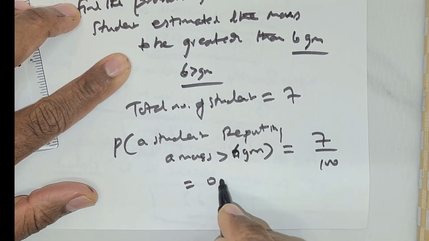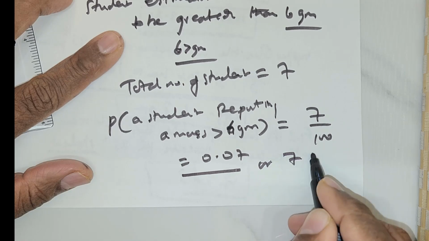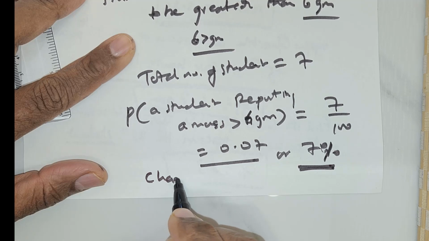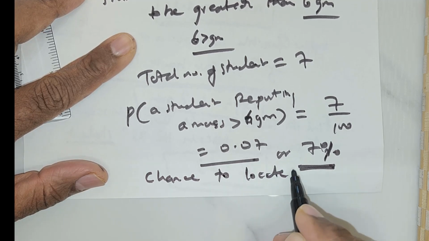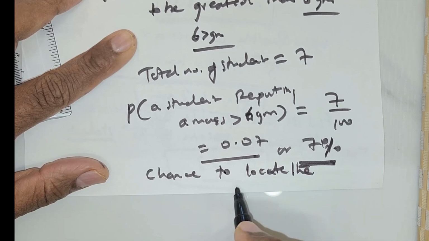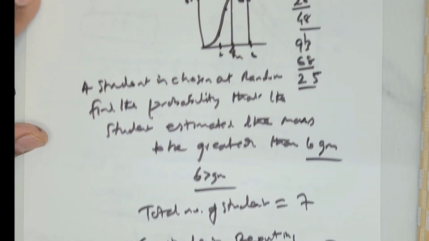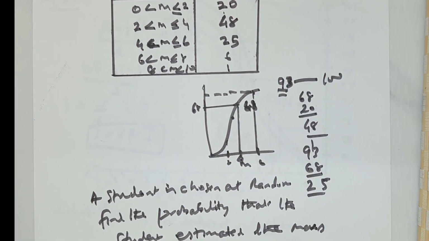So you have a value of 0.07. This is the probability, or 7%. So there is a 7% chance to locate a student like that. Okay. This is a lovely question on probability and statistics. We move on to the next one.